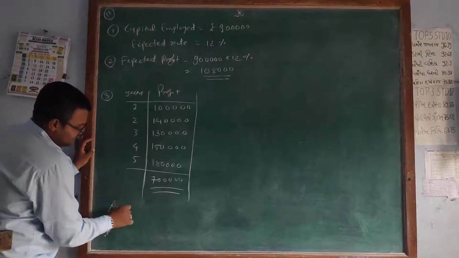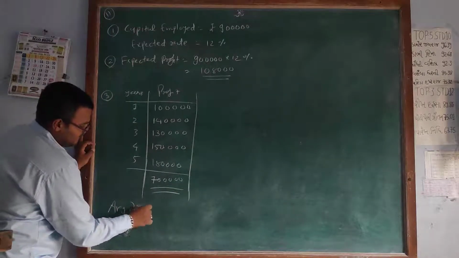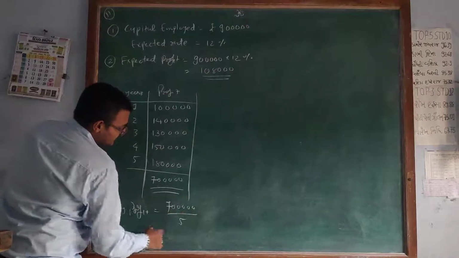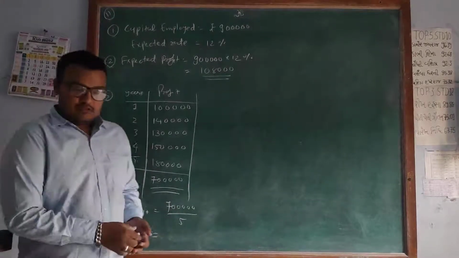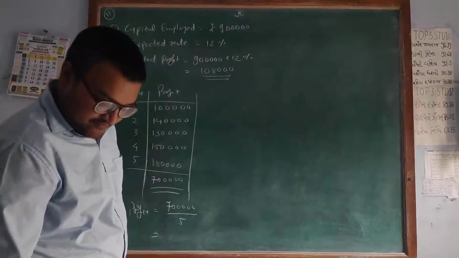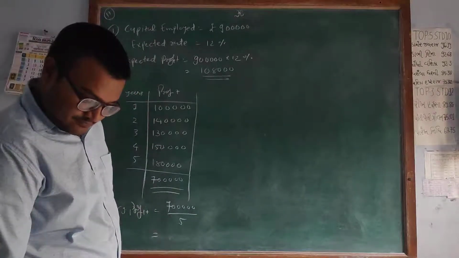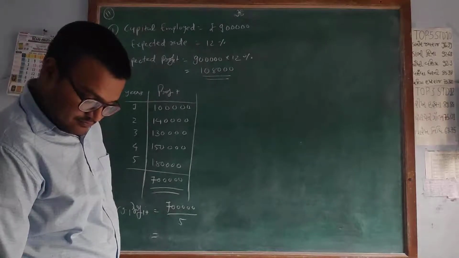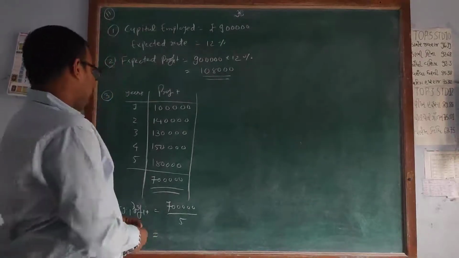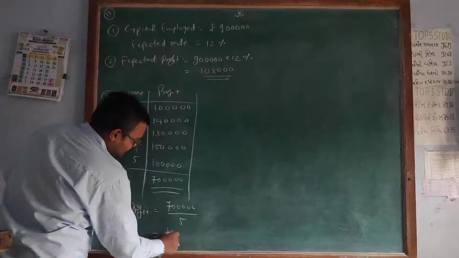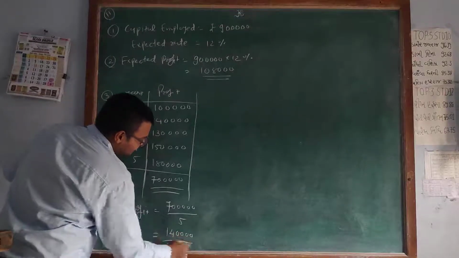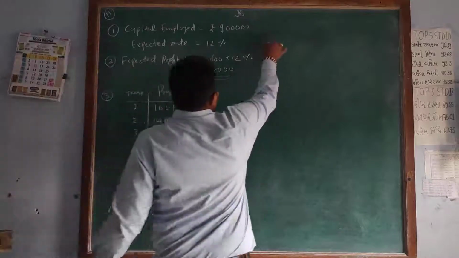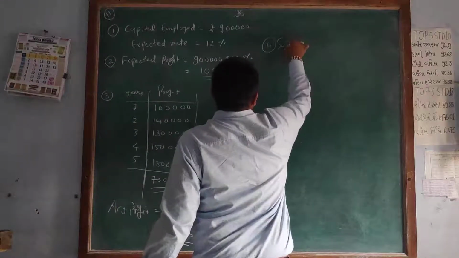Average profit: 7 lakhs divided by 5, one lakh 40,000. Our fourth step will be super profit.